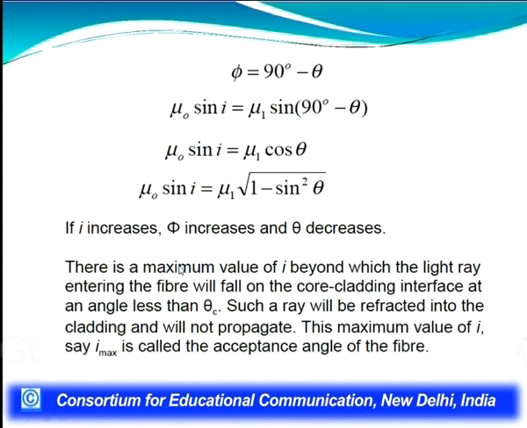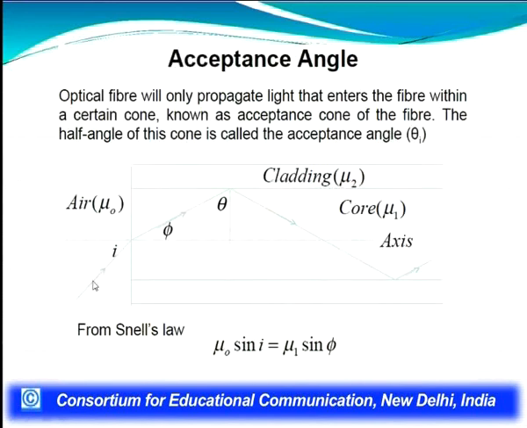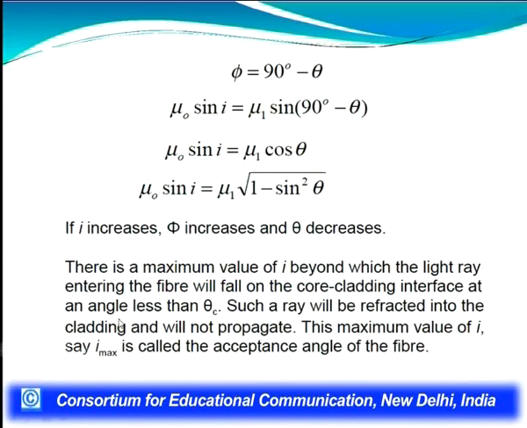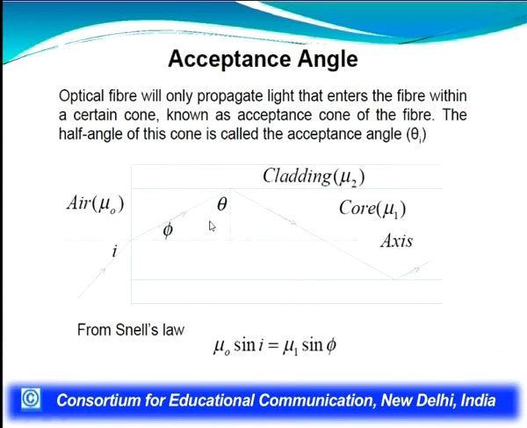Again we repeat that the maximum value of I is the value beyond which the light ray entering the fiber will fall on the core-cladding interface at an angle less than theta c.